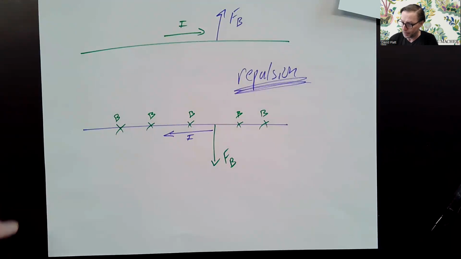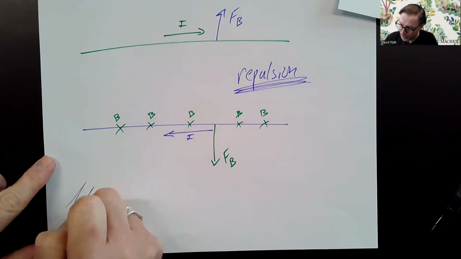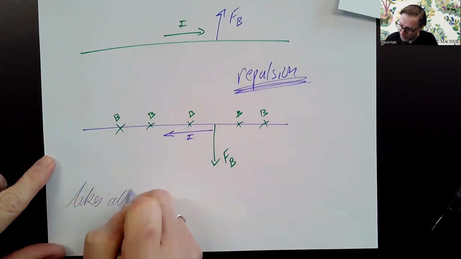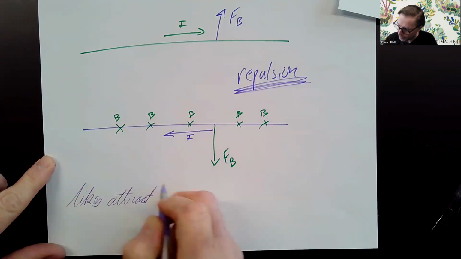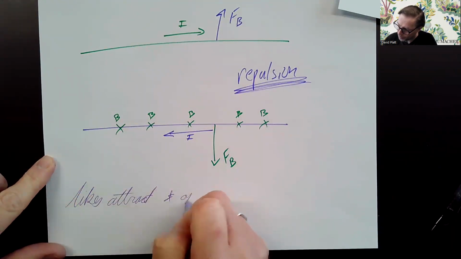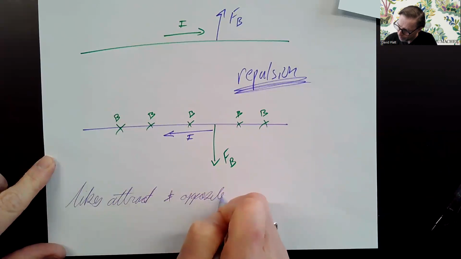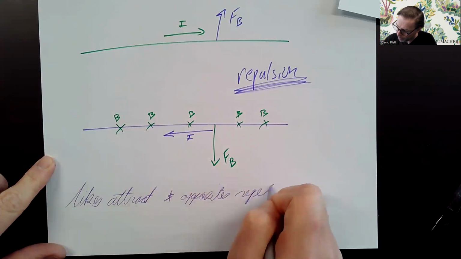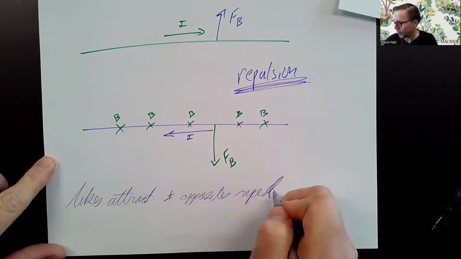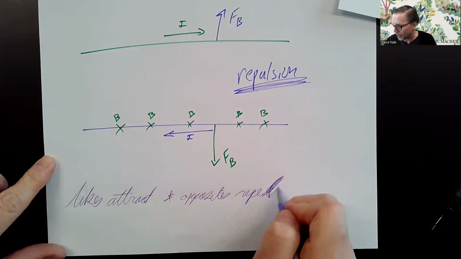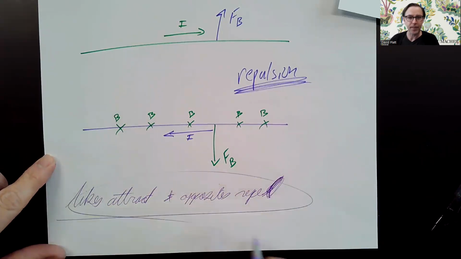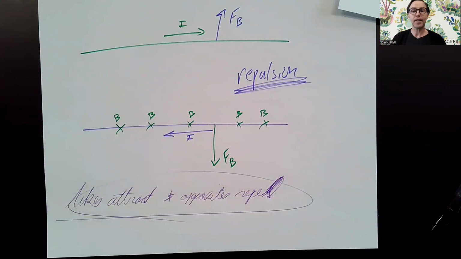That's a nice summary. Likes attract and opposites repel. Oops, that's just one L. R-E-P-E-L, that's one L because I know how to spell. Likes attract and opposites repel. Wonderful.